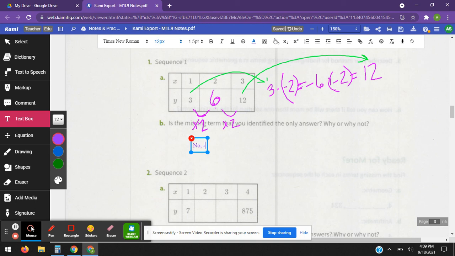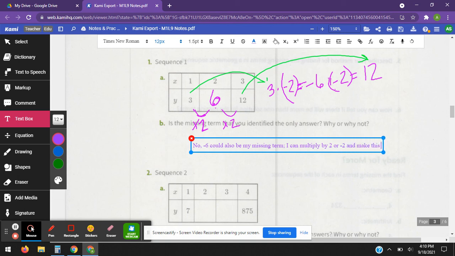No. Negative 6 could also be my missing term. I can multiply by 2 or negative 2 and make this sequence.